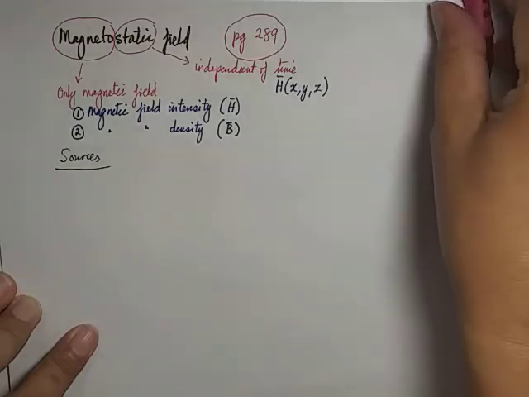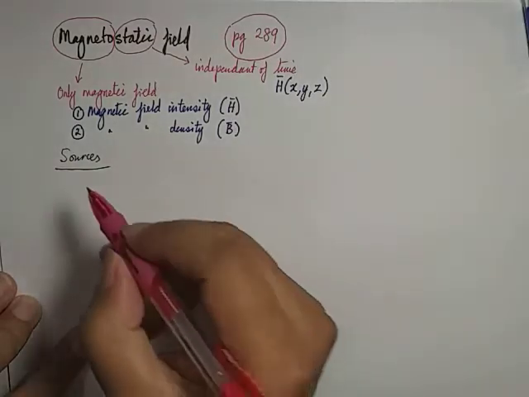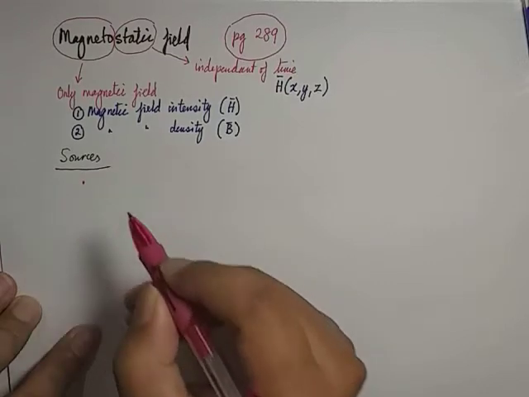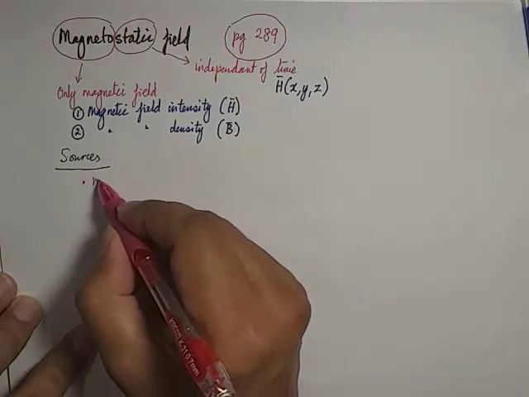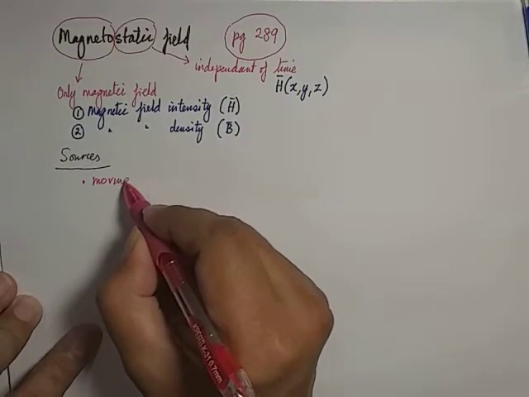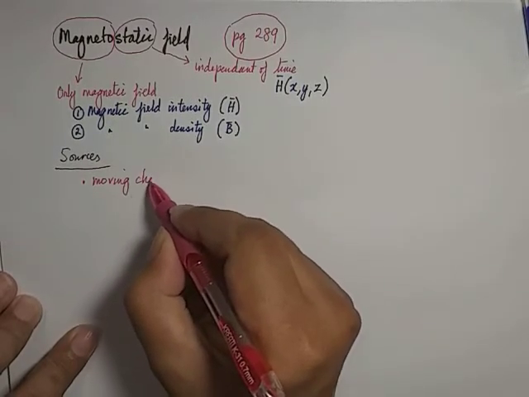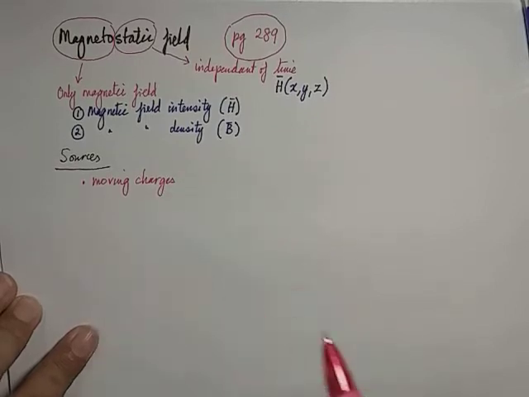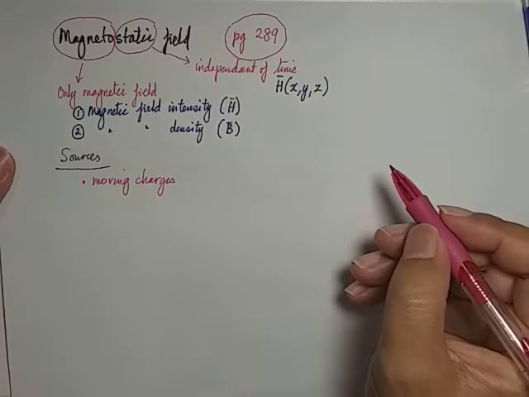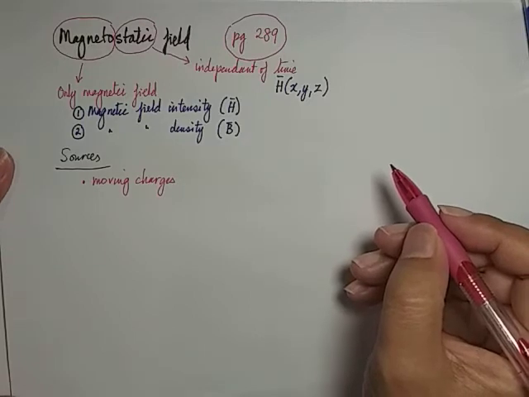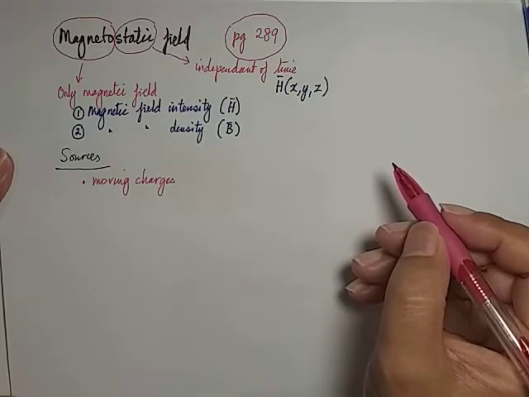For magnetostatic, the first common behavior of the source is moving charges.